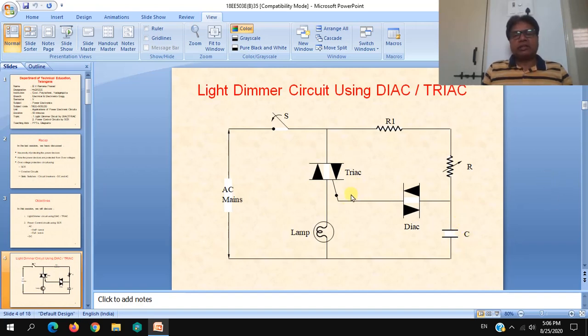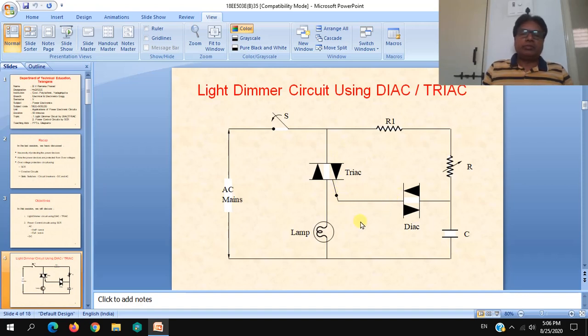And as this triac is not fired, current will not flow and the lamp will not glow at all in the starting condition, unless this triac is fired via this gate.